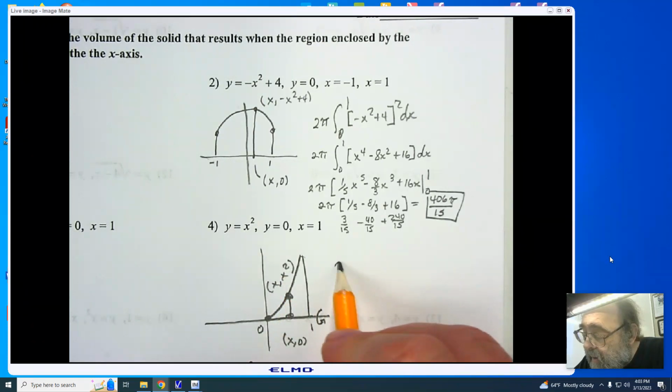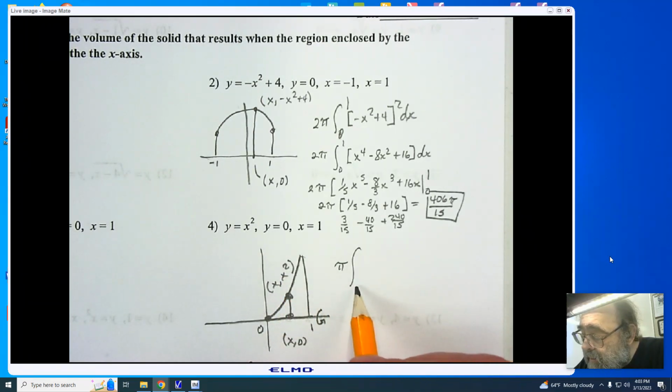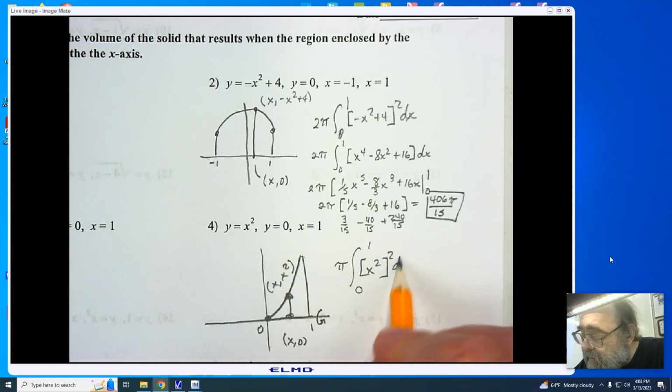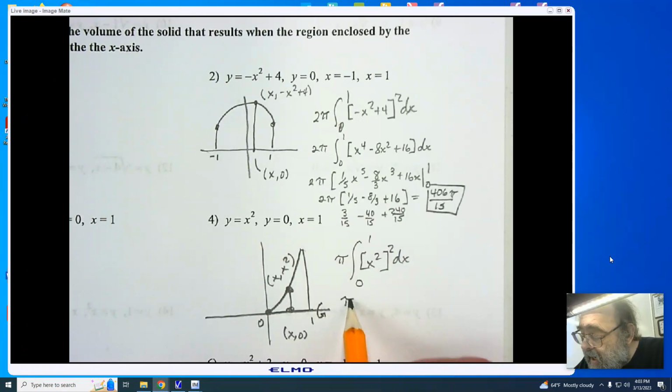So I have pi integration going from 0 to 1, x squared, the quantity squared dx, giving me pi integration 0 to 1, x to the 4th dx. When I integrate, I have pi multiplied 1/5 x to the 5th from 0 to 1, and my answer is pi over 5.